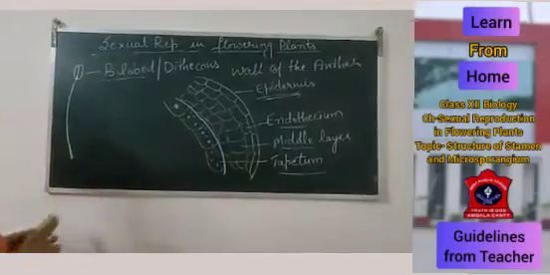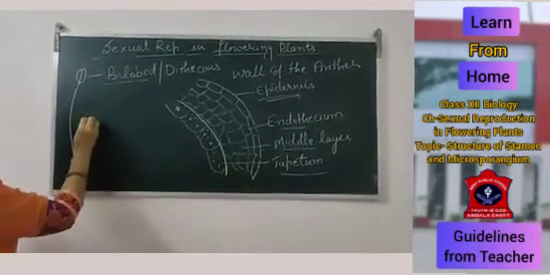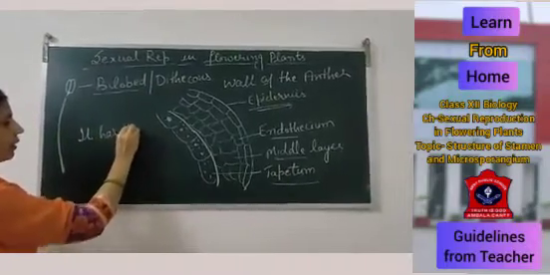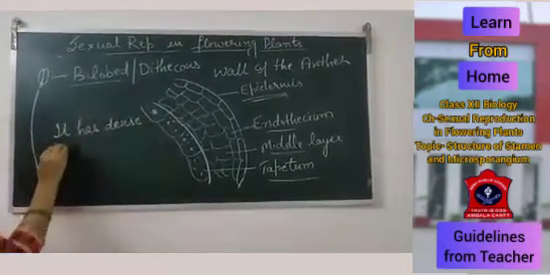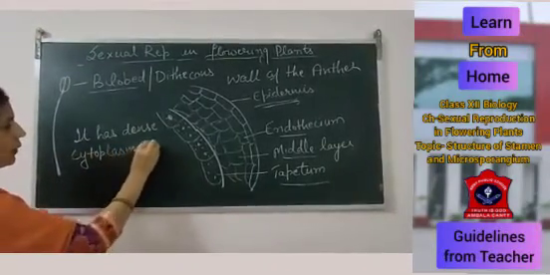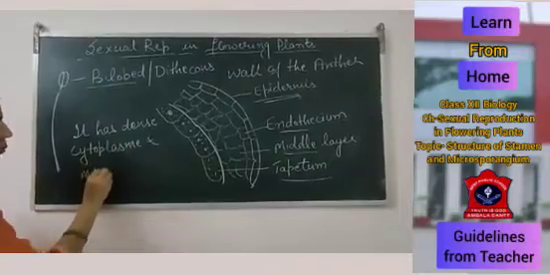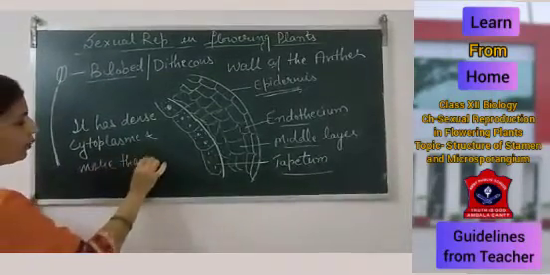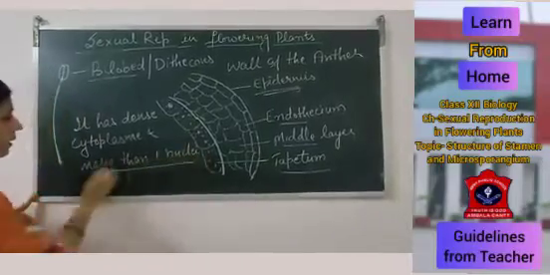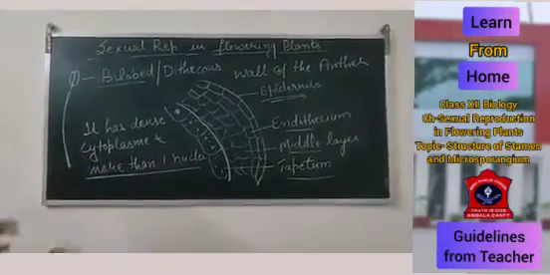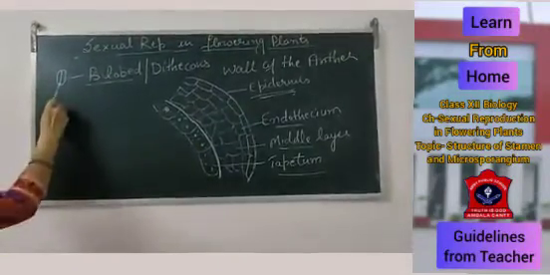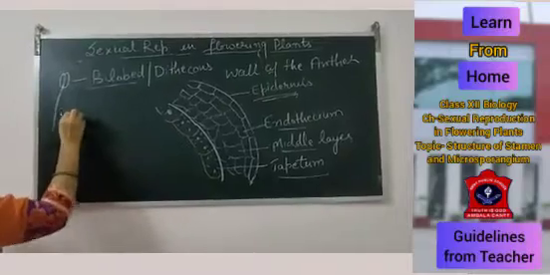A question may come: what are the characteristic features of tapetum? It has dense cytoplasm along with more than 1 nucleus. What is its function? It performs 2 functions. The first is that it provides protection.